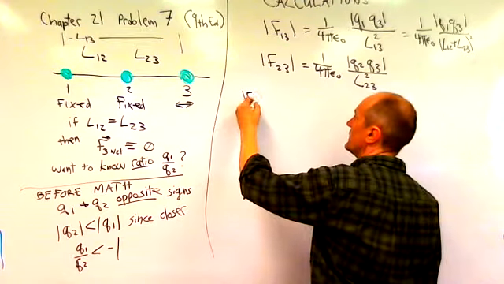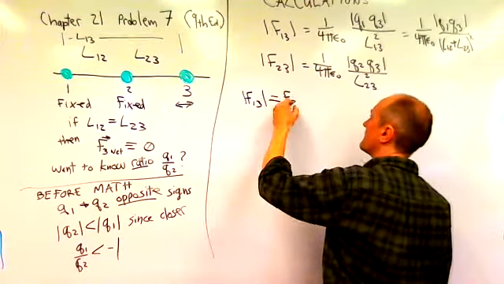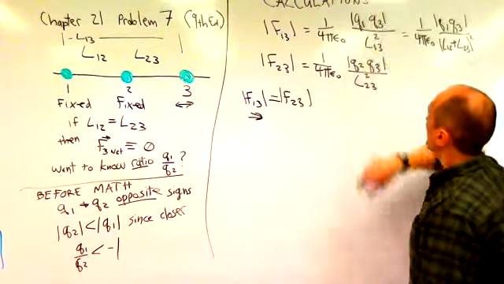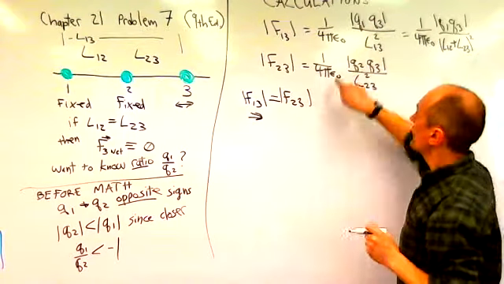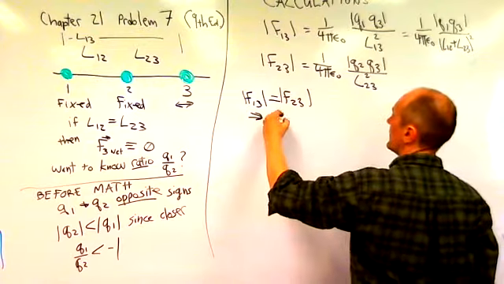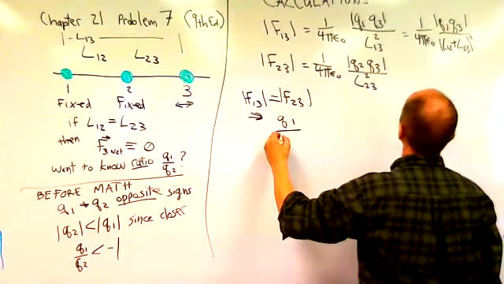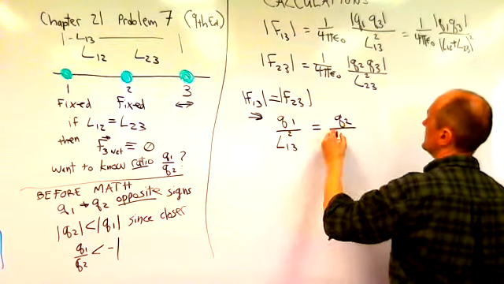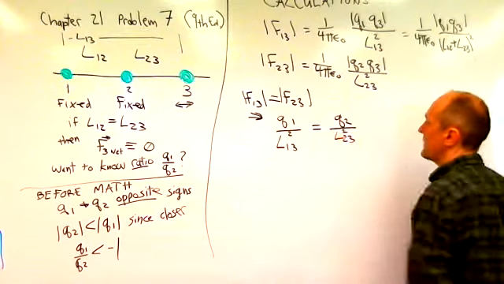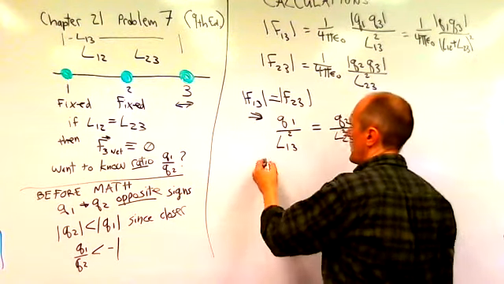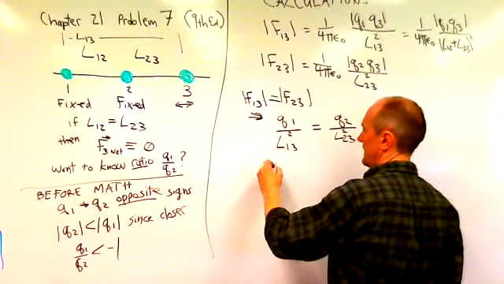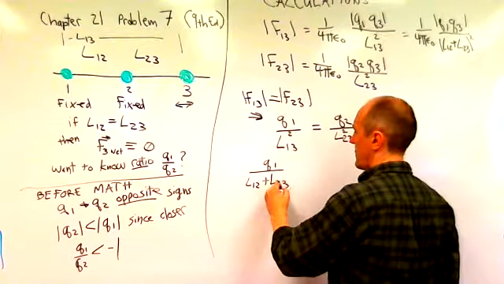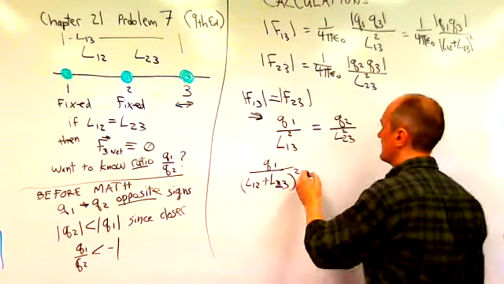So if these two magnitudes are equal, then the terms that they have in common, they both have a 1 over 4 pi epsilon naught, both have a Q3, so this means Q1 over L13 squared equals Q2 over L23 squared. And this is Q1 over L12 plus L23 squared.